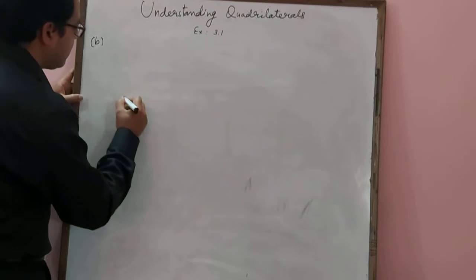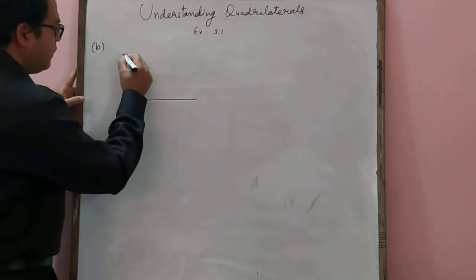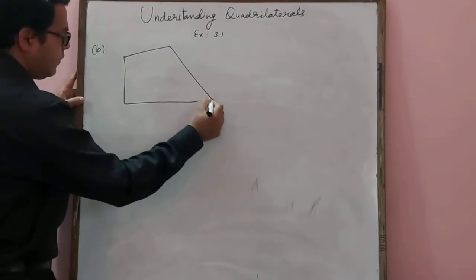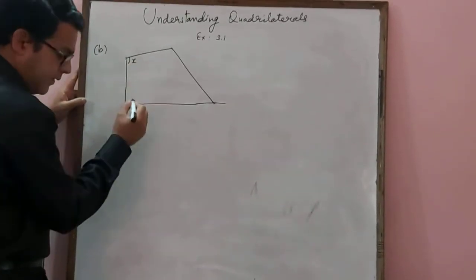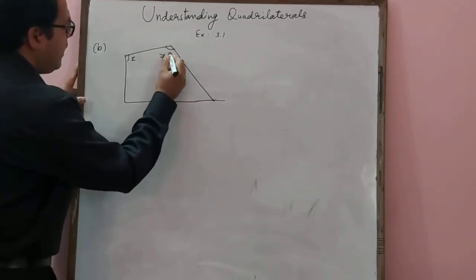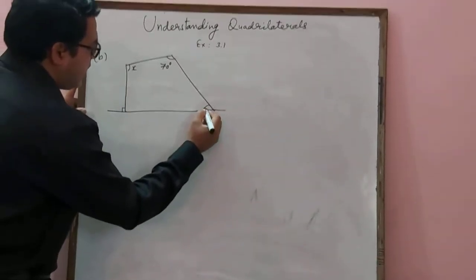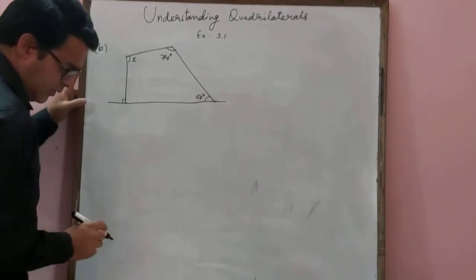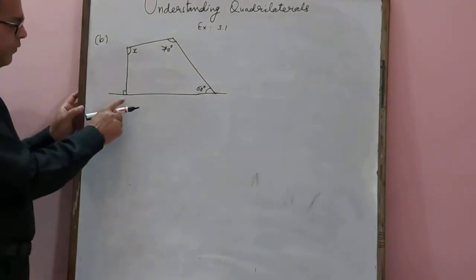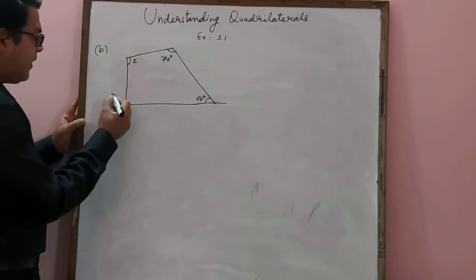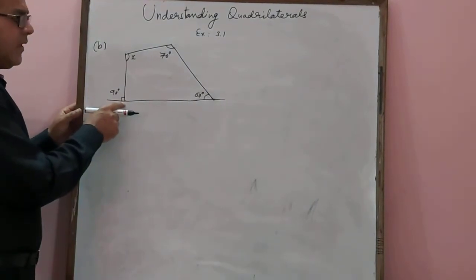We have to draw the figure first. X is given, this angle is 70 degree, this is a right angle, this side, this is 60 degree, and you have to find the value of X. Now see, this is the symbol for right angle, meaning 90 degree, and we know that this is an exterior angle, right?